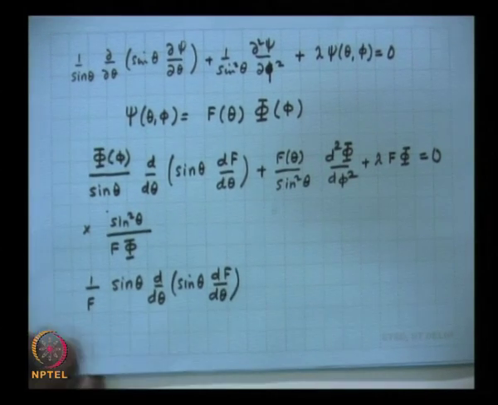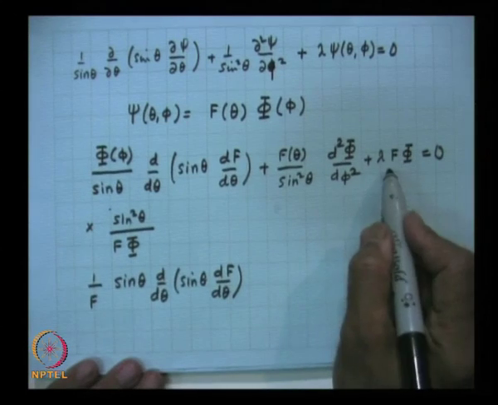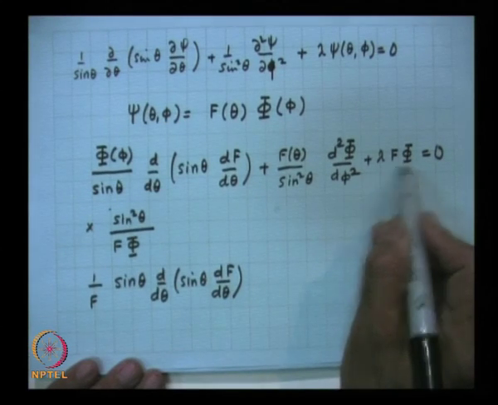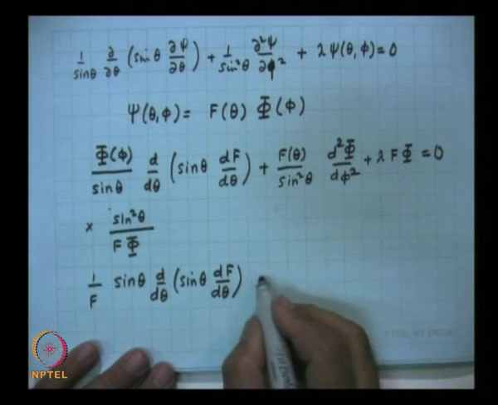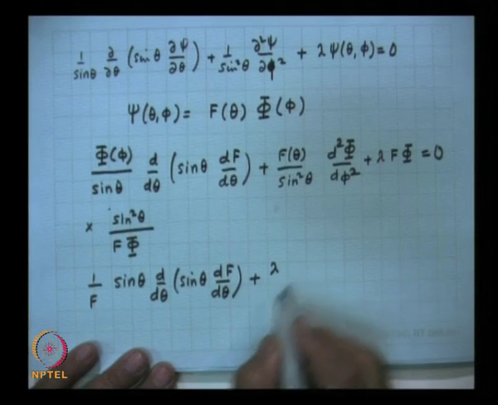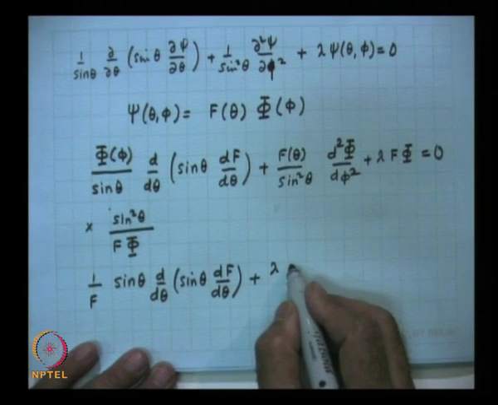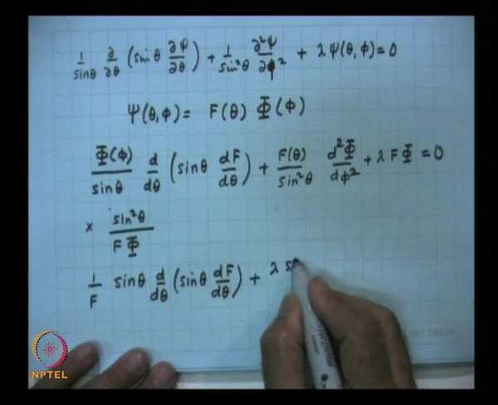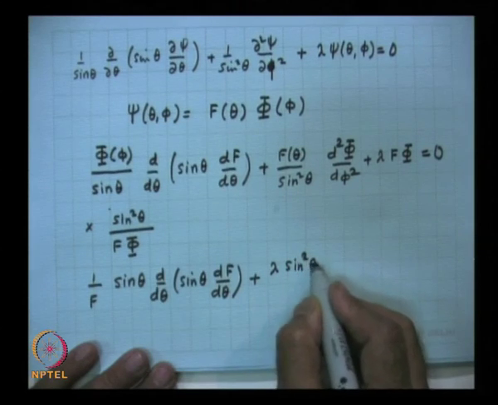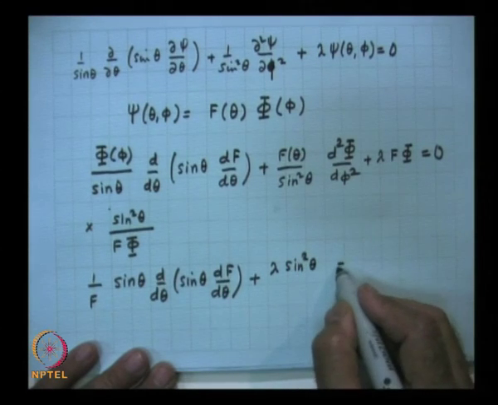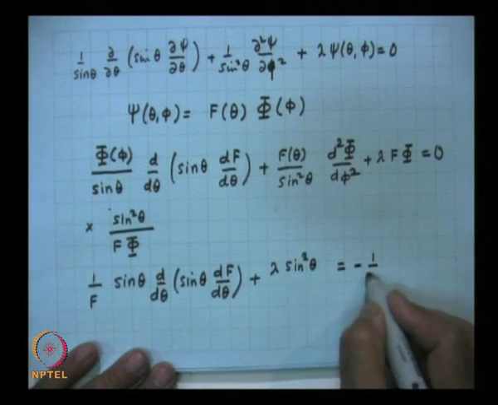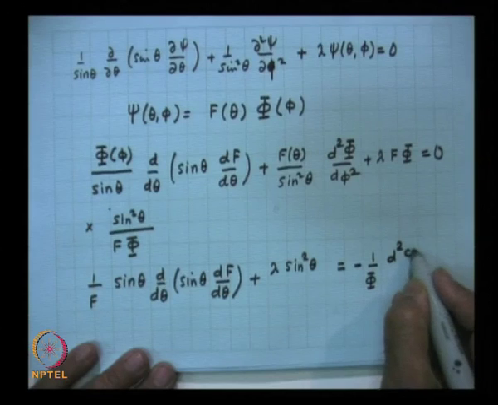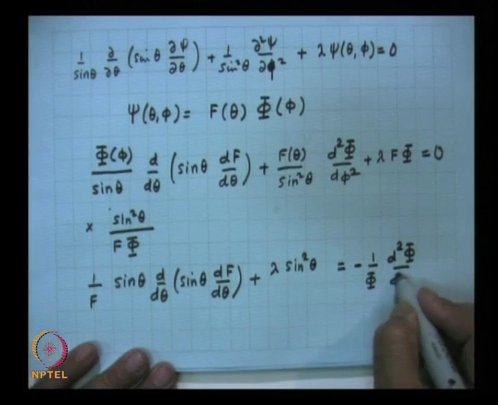What I will do is, I will write this term first and take this term to the right hand side. So, I write plus lambda sin square theta is equal to minus 1 over capital phi d2 phi by d phi square.